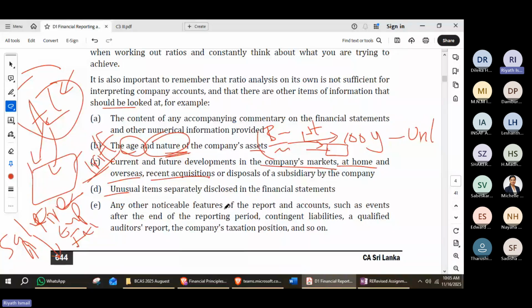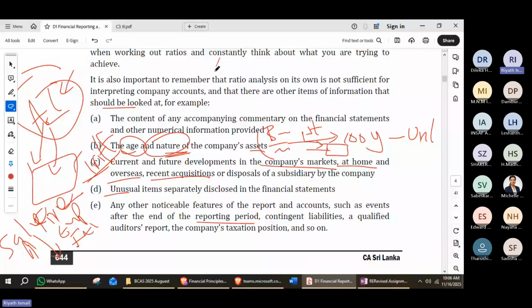Any other noticeable features of the report and accounts, such as events after the end of the reporting period, right? There may be cases against companies in the court that cannot be disclosed in their financial statements. Something may happen at the end of the financial period.